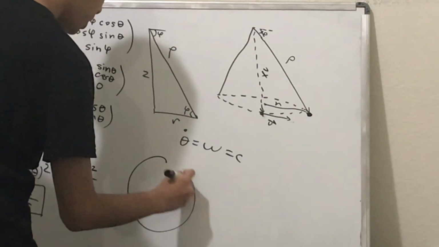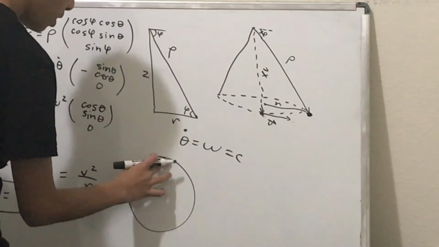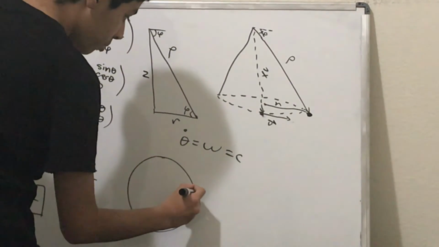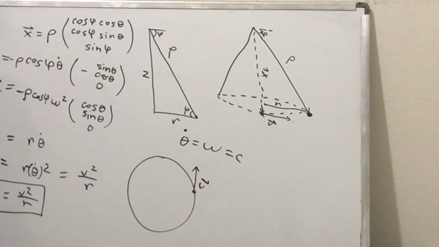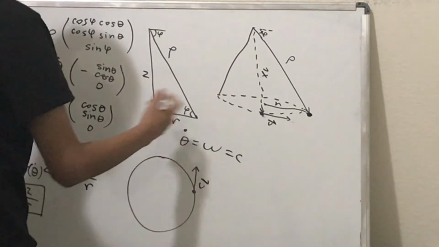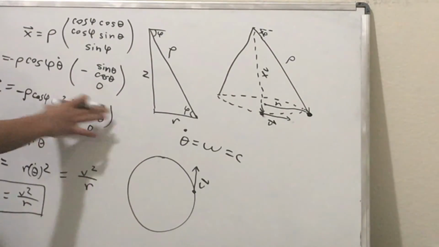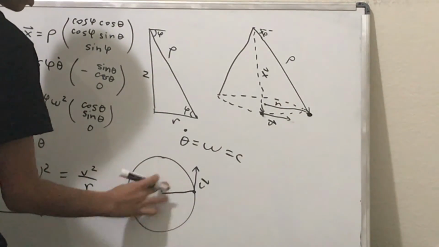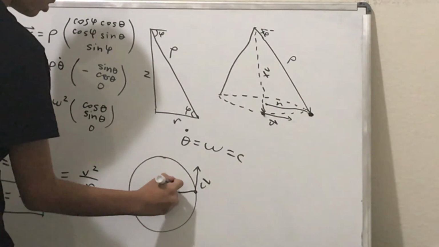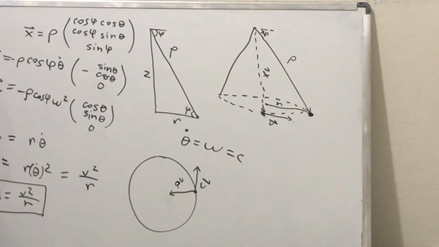And I guess I'll just draw a picture down here to be a little bit more clear. So this is our velocity. So what would our acceleration need to be so our mass keeps on moving in a circle? Well, this is going to look like this. So it's going to be pointing inwards towards the circle. And this is our centripetal force. This is the force that the string is exerting on our mass.